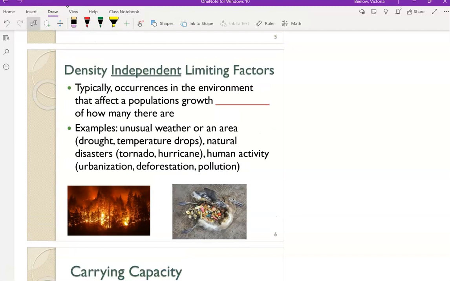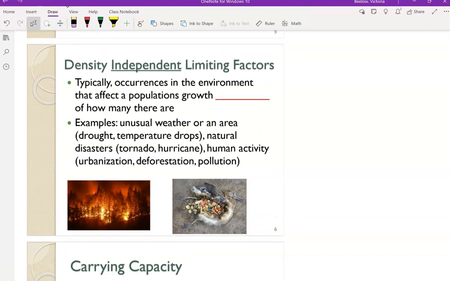Lastly, I have density independent limiting factors. There are things that can happen in an environment that can affect the population's growth regardless of how many there are. This is independent of how many individuals are living in an area. Examples include unusual weather, so maybe there is a drought, or fluctuations in temperature, really high or really low.